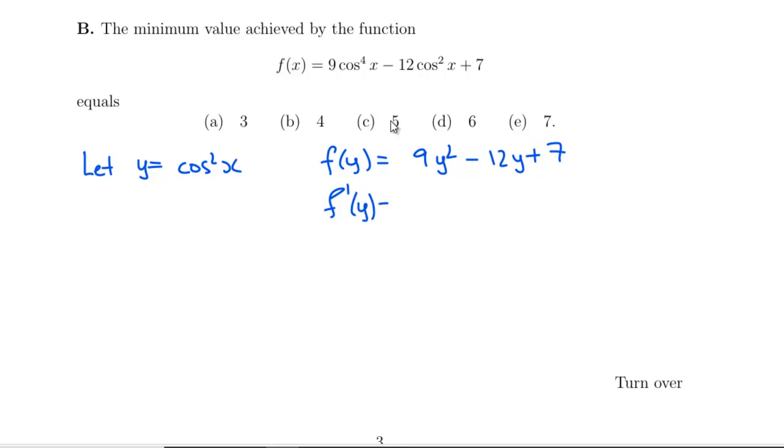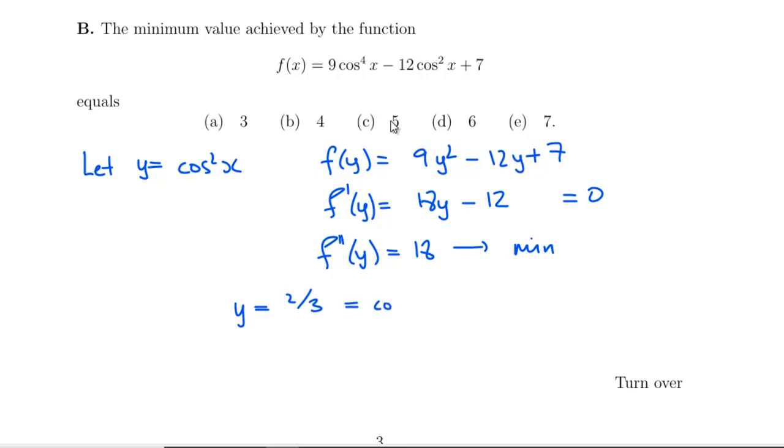F dash of y, 18y minus 12. And we want a minimum on this, so we're going to want to set that equal to 0 and then check that our f double dash comes out at 18, so that means we've got a minimum. So that's good. So we've got that y is 12 over 18, so 2/3, and that is our cos squared x.